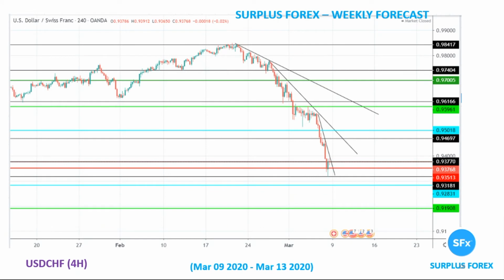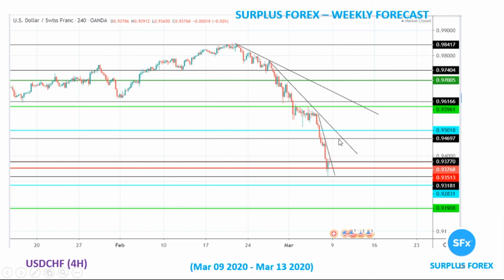On a 4-hour chart, how I take it is, if it falls back further, which it might not, and tests 93.18, then comes back and tests 92.83, I'll make my entry at 92.83 and it goes down from here to 91.90. But most likely it'll be bullish. The USD index will most likely be bullish next week against the Swiss franc.